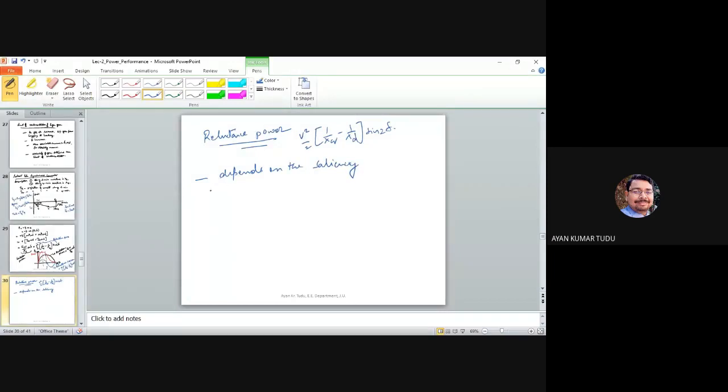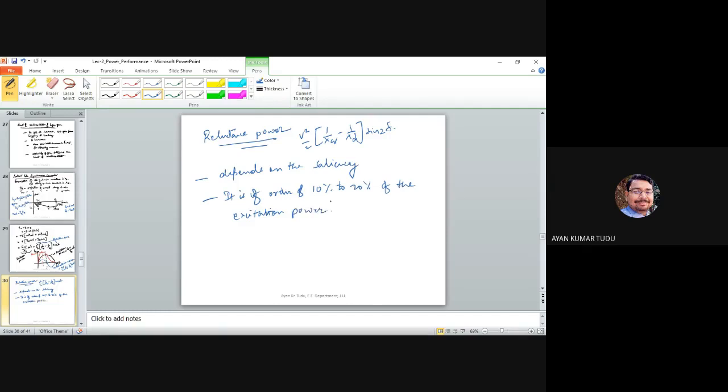Obviously the saliency will disappear for a cylindrical rotor because in a cylindrical rotor our Xd and Xq are the same. And please remember that this reluctance power is of the order of 10% to 20% of the excitation power. It means it is a very small quantity of the power that we are getting.